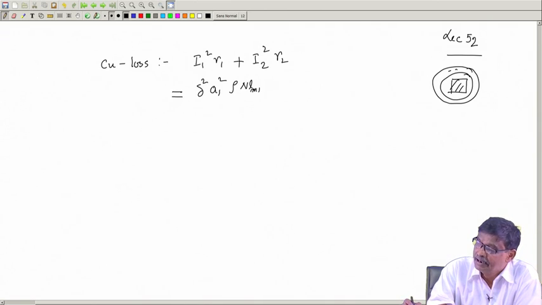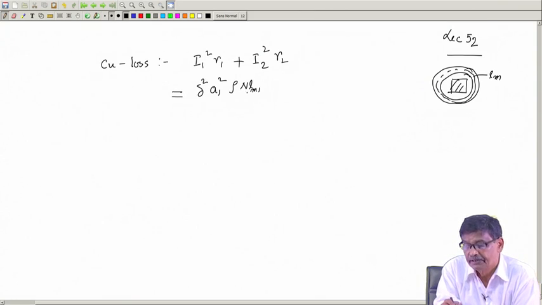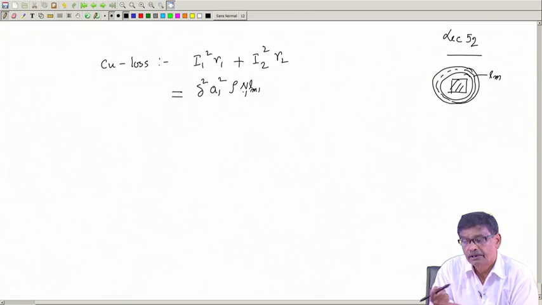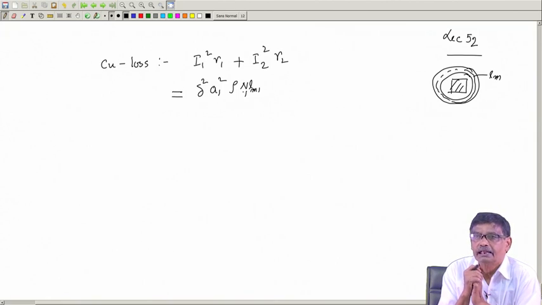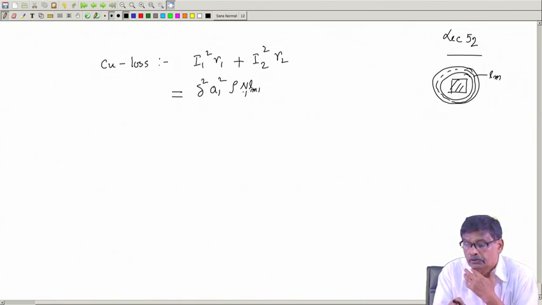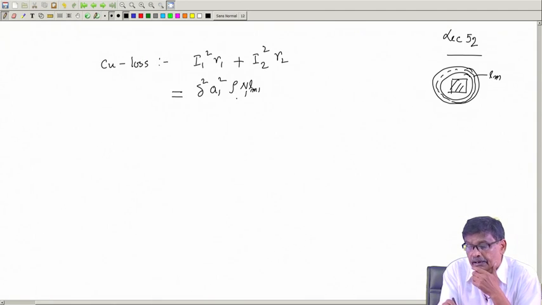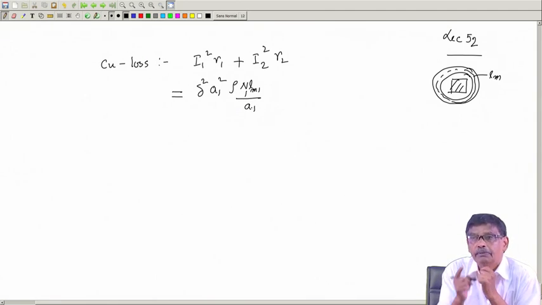So, take the mean length of one turn, that is Lm, and multiply with its number of turns N1 Lm, that will give you the estimate of the length of the copper conductor in the primary side. So, rho L by area, A1, you remember, the cross sectional area of the conductor. Therefore, this is the thing.